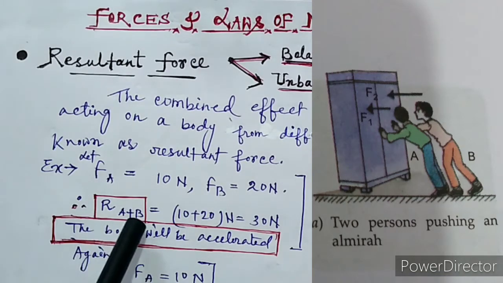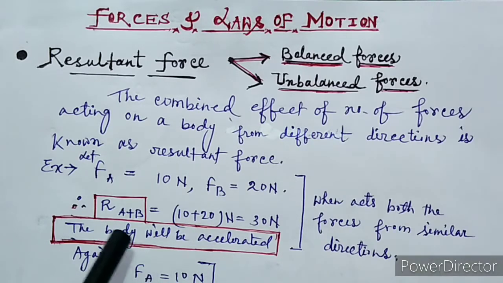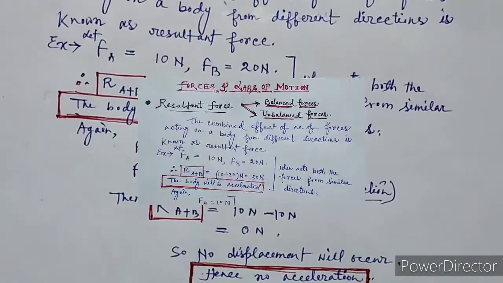The resultant force will be 10 plus 20, that is 30 Newton. So when there is some value of force present, the body will accelerate. Clear?